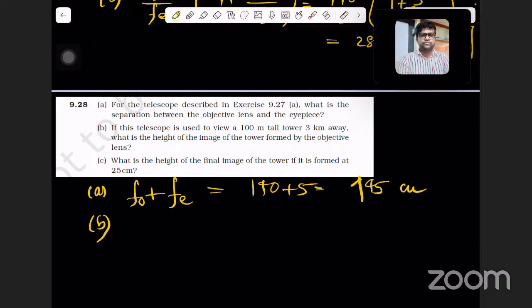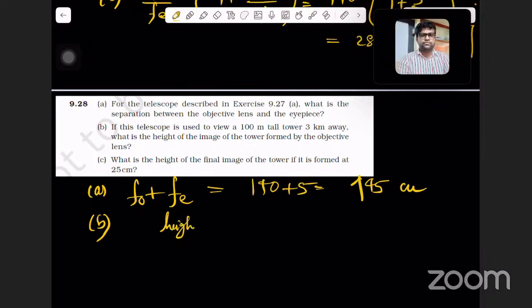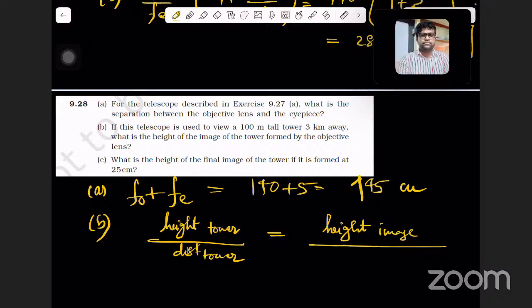Okay, so if the angle subtended is the same, then we will find that the height of the tower divided by the distance of the tower from the objective is equal to the height of the image divided by the focal length of the objective.